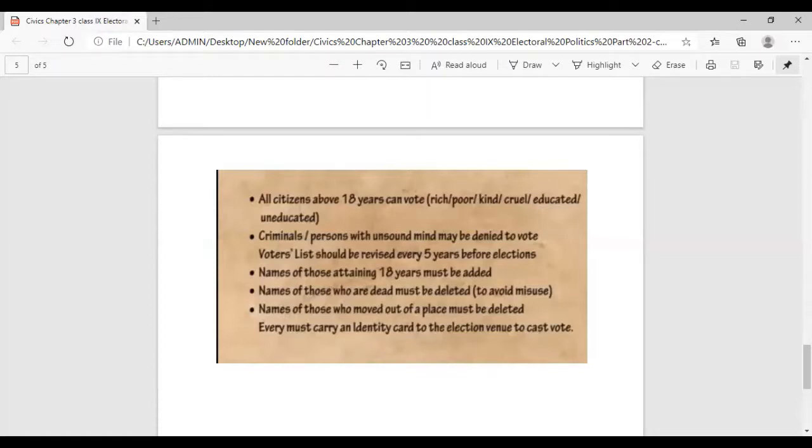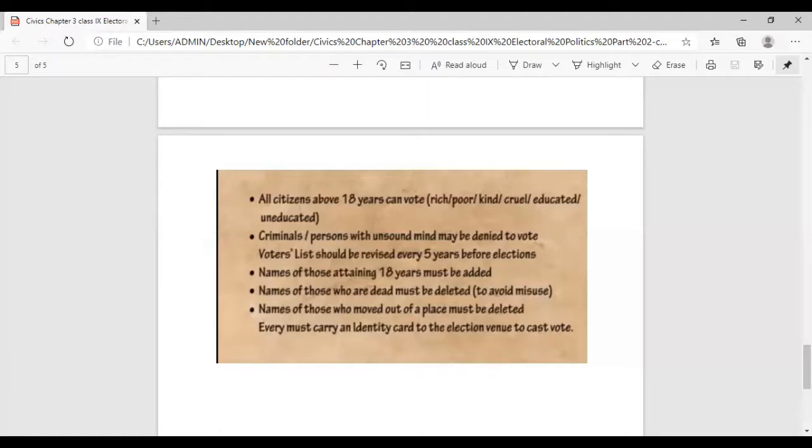Each state is divided into a specific number of assembly constituencies. In this case, the elected representative is called a member of legislative assembly or an MLA. Each parliamentary constituency has within it several assembly constituencies. The same principle applies for panchayat and municipal elections.